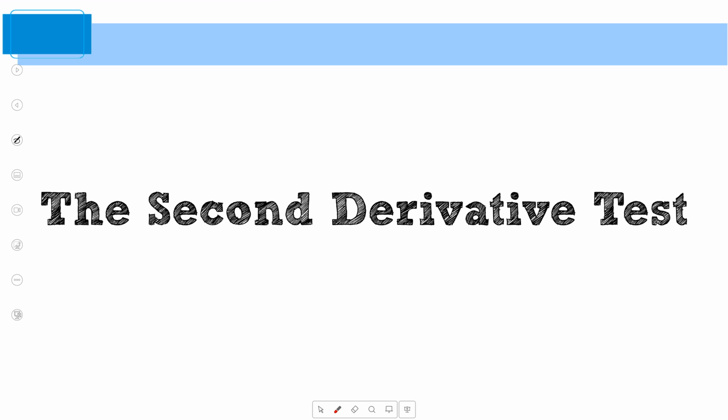Because you're only going to ever have to do the second derivative test when the problem specifically says use the second derivative test. What you're almost always going to do is the first derivative test, which we already talked about. Take the derivative, set it equal to 0, test regions, boom, done. As I said, the second derivative test does the same thing. It just relies on a different concept.